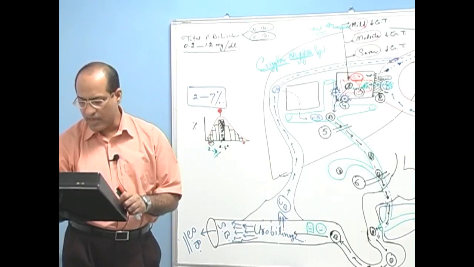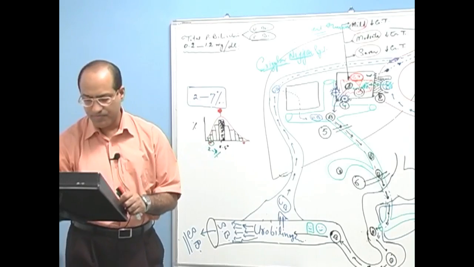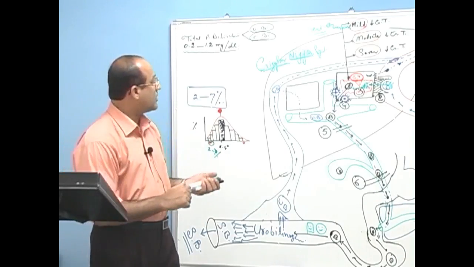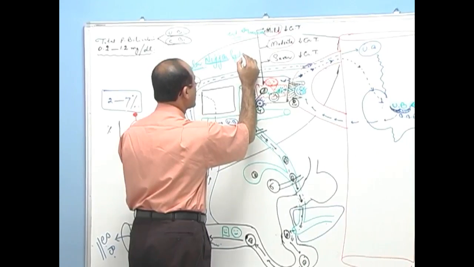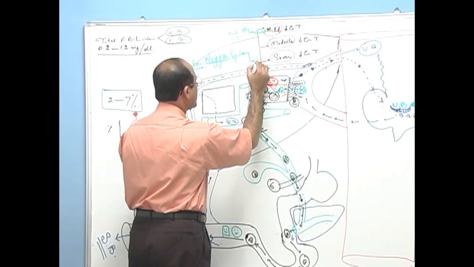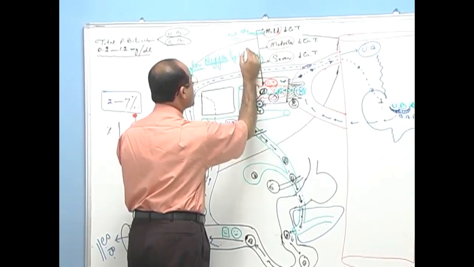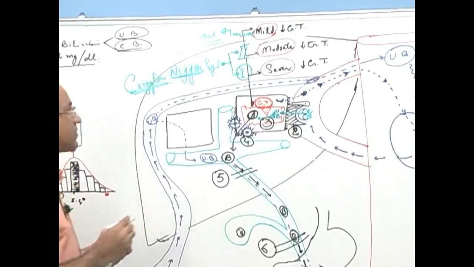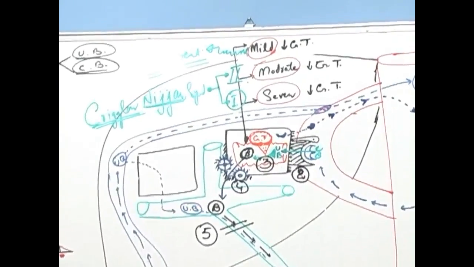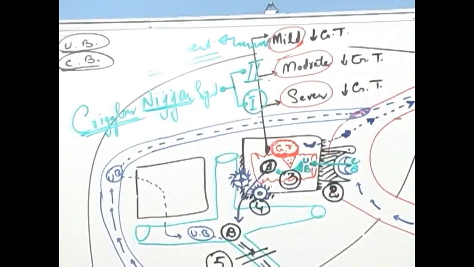Right? So what really happens is that the one with a severe problem is called Crigler-Najjar type 1. And the one with a moderate problem is called Crigler-Najjar type 2. Is that right? Again, let me repeat it.